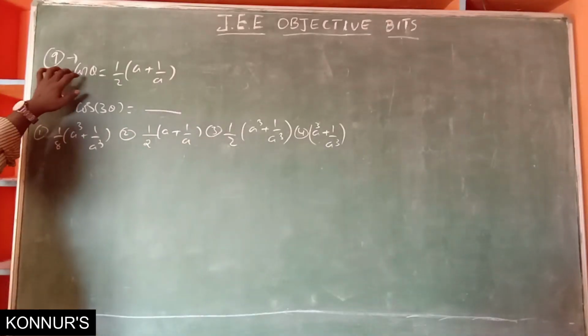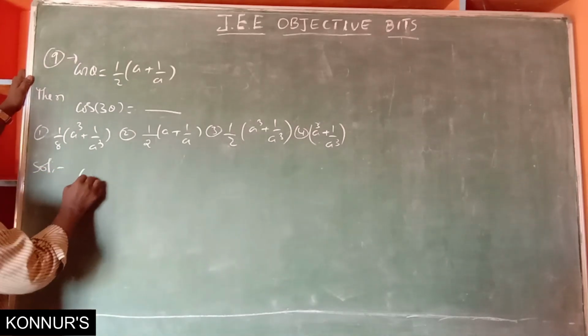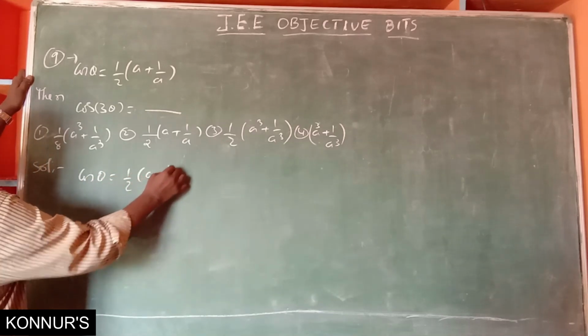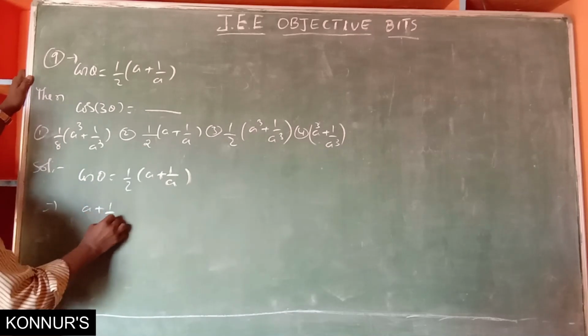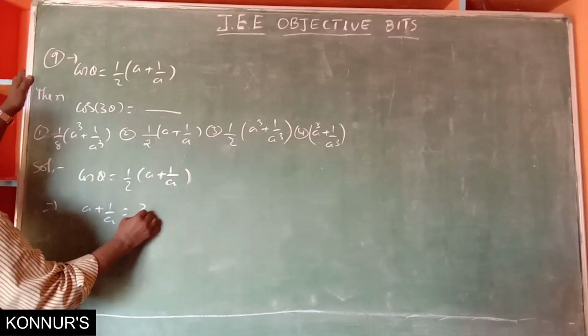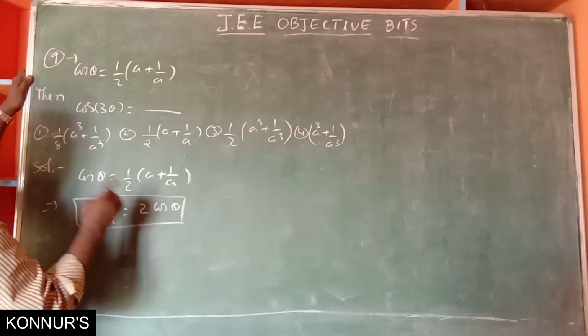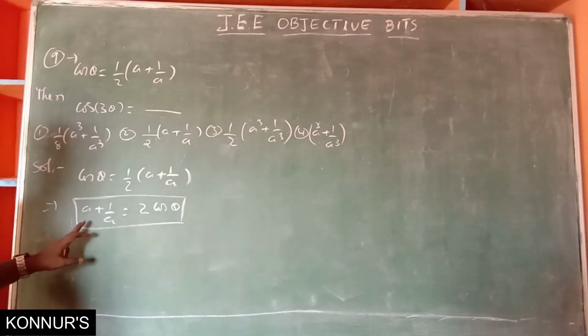This is the ninth problem. Observe me. We are given cos theta is equal to 1 by 2 times (a plus 1 by a). That means a plus 1 by a is equal to 2 cos theta. This is the data.